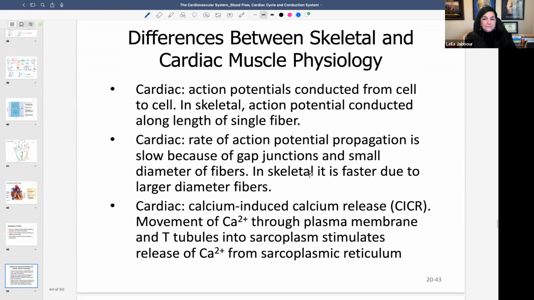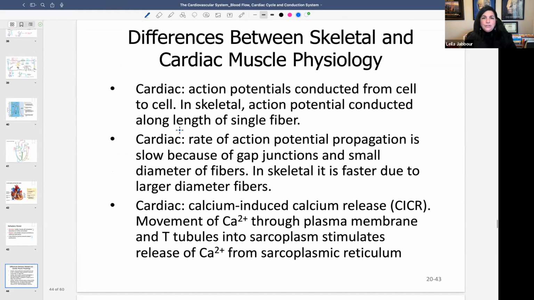A few mentions here about the differences between skeletal and cardiac muscle cells. In cardiac muscle, the action potential is conducted from cell to cell. This is very special. That's what the gap junctions are for.